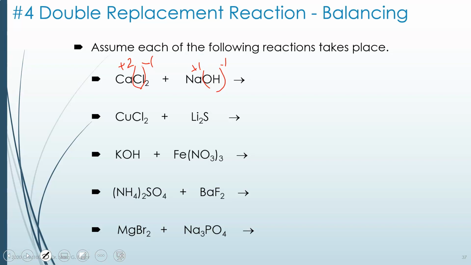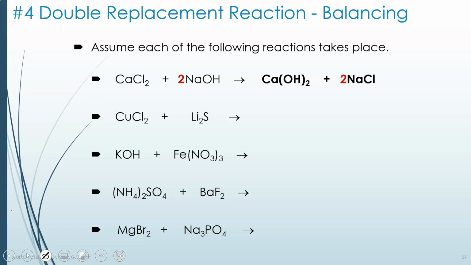And they're going to swap partners to form calcium hydroxide, which has 2 hydroxides because you have to crisscross and simplify, and sodium chloride. Once you know the right formulas, you can balance the equation using the rules we talked about last time, and you see that you need 2 sodium hydroxides, and you will produce 2 sodium chlorides, and everything else is 1 of that formula unit.